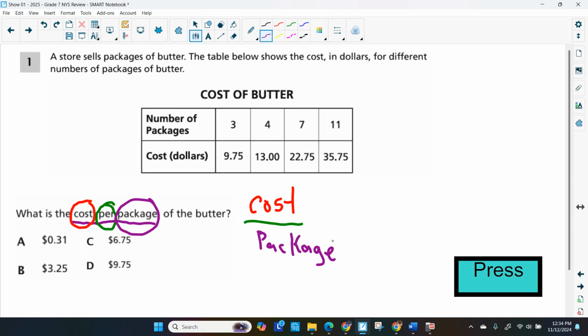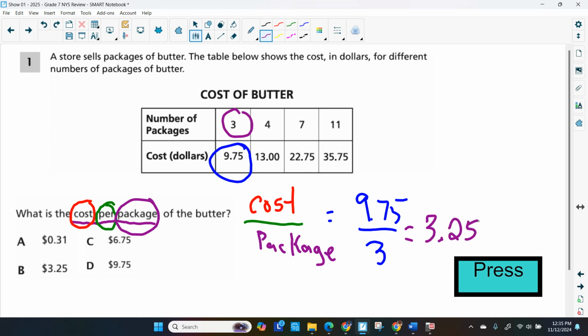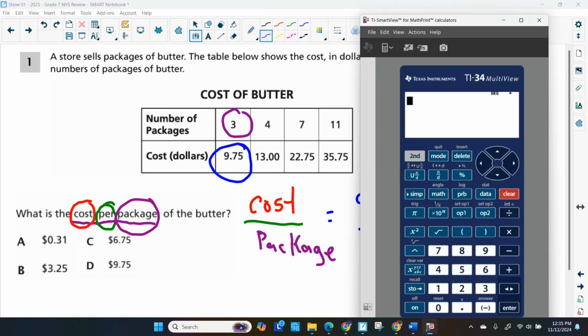We're going to take the cost, which was, say, $9.75, and divide it by the number of packages. Well, this is a problem I can divide without the calculator. 9 divided by 3 is 3, and 75 cents divided by 3 is just a quarter. So $3.25.